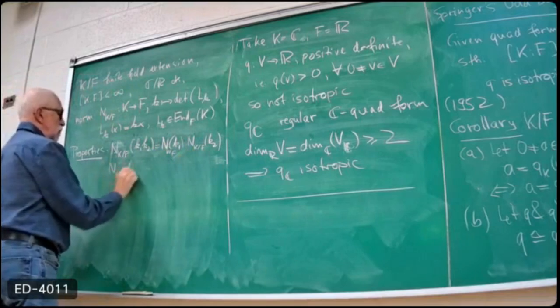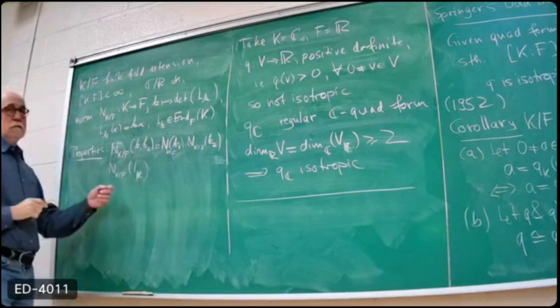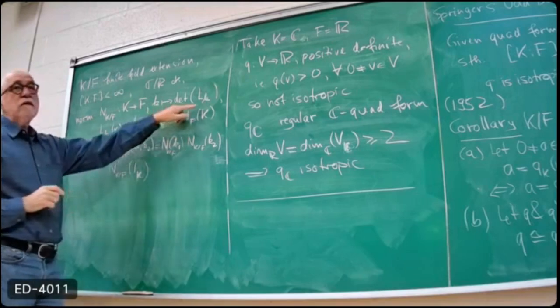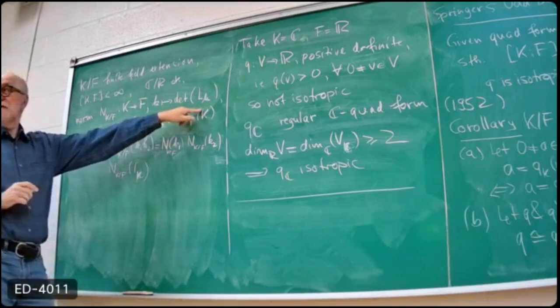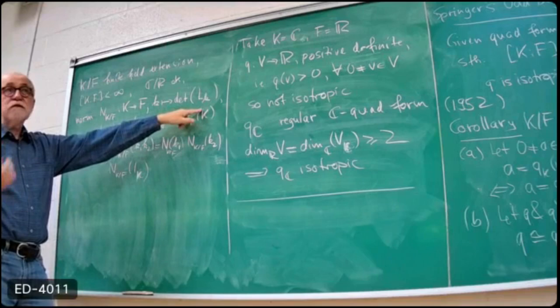The norm of 1 in K. So by definition, this is the determinant of left multiplication by 1, which is the identity. So it is represented by the identity matrix. The determinant of the identity matrix is 1.